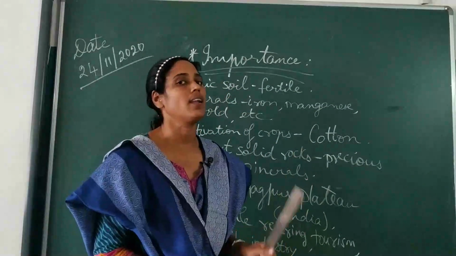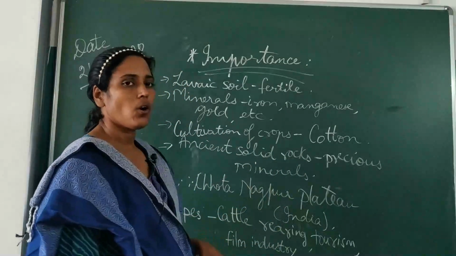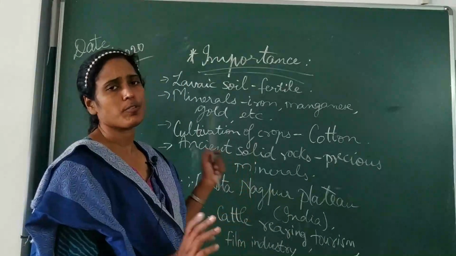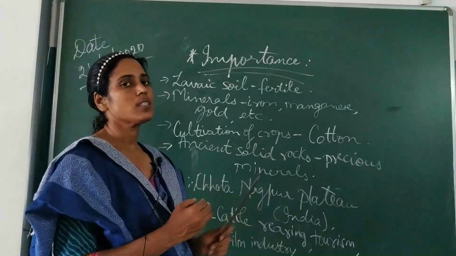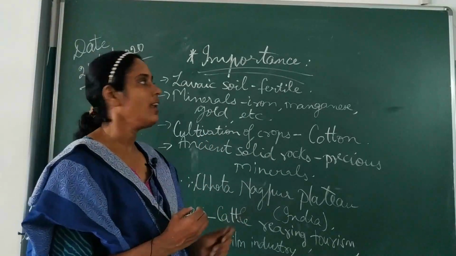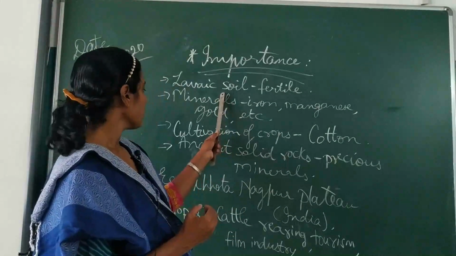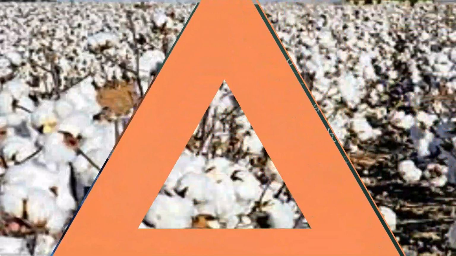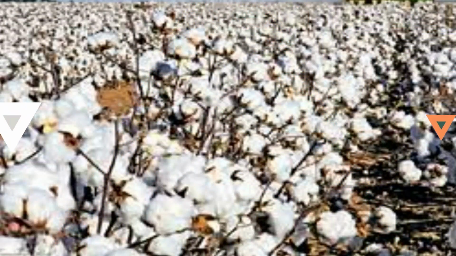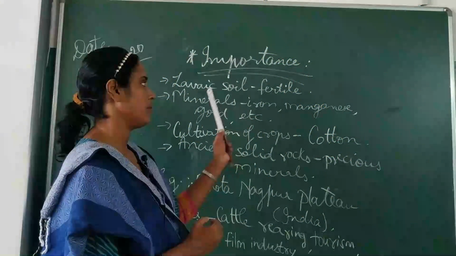That soil is very fertile. Why? Because after thousands and millions of years, the soil gradually cools down and turns into very fertile land. Due to that, cultivation of various crops is possible there. The best example is cotton. Cotton crop grows best in this lavaic soil.